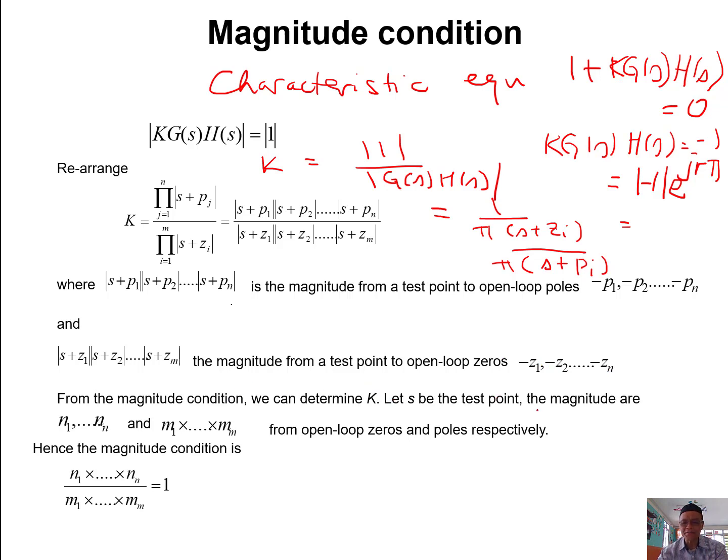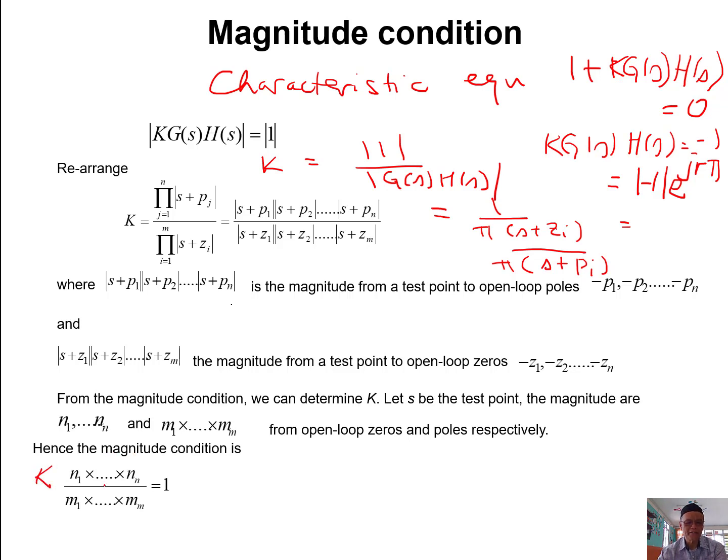Let s be the test point, and the magnitudes be N1, M1, M2. Hence the magnitude condition gives K. So there must be a K here.